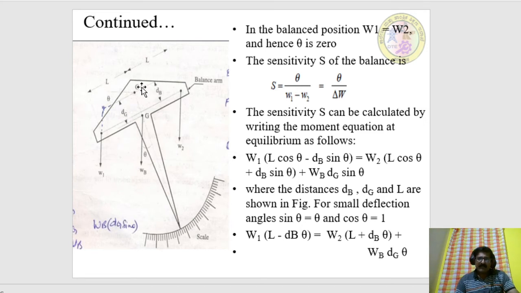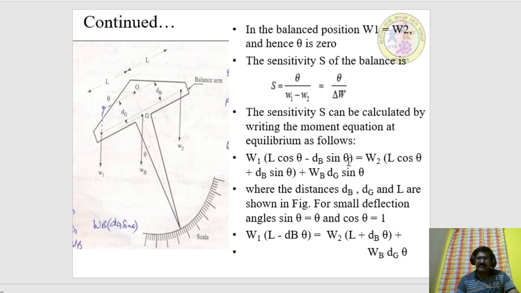For a small deflection, we need to make certain considerations. We will substitute sin theta is equal to theta and cos theta is equal to 1. In the above equation, when we substitute it, we get W1 into L minus dB theta. Instead of cos theta, you can substitute 1, L into 1 is L, minus dB.